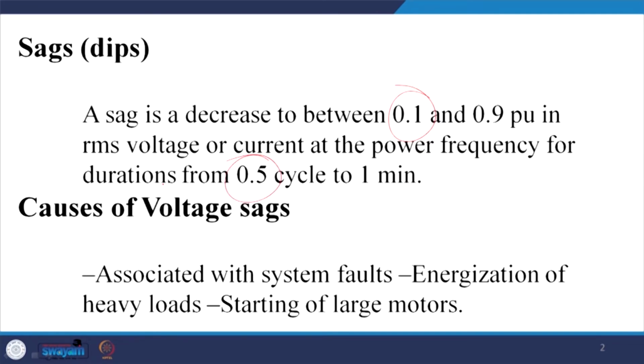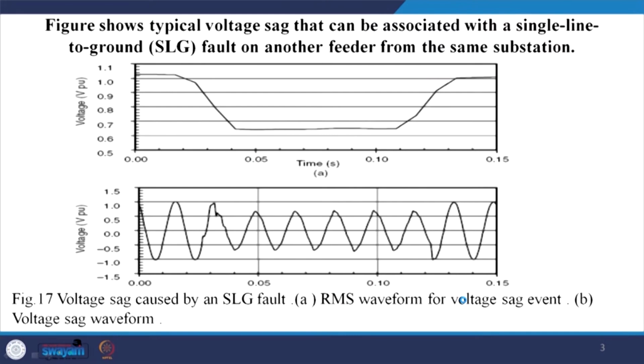We consider this a sag up to 1 minute. If it lasts longer than 1 minute, you can take it as an interruption. The causes of voltage sag are associated with faults, mainly energization of heavy loads and starting of large motors. The starting current of the induction motor is very high.